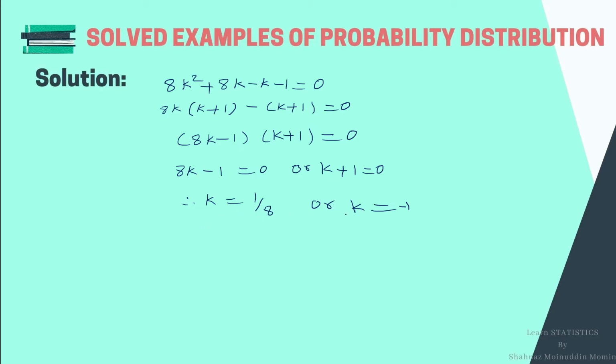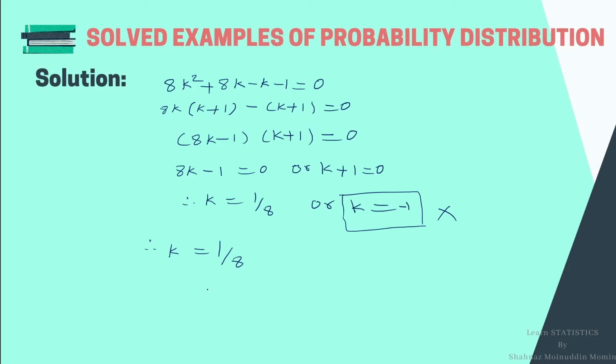One is 1 by 8 and other is minus 1. The value k equal to minus 1 is not allowed. Why? Since k is a probability, that cannot be negative. We cannot take the value k equal to minus 1. Therefore, k must be 1 upon 8.